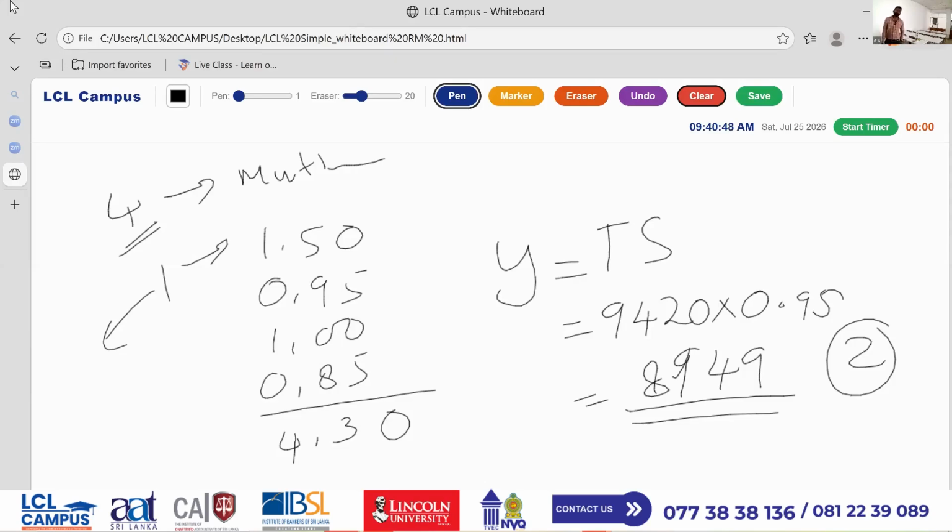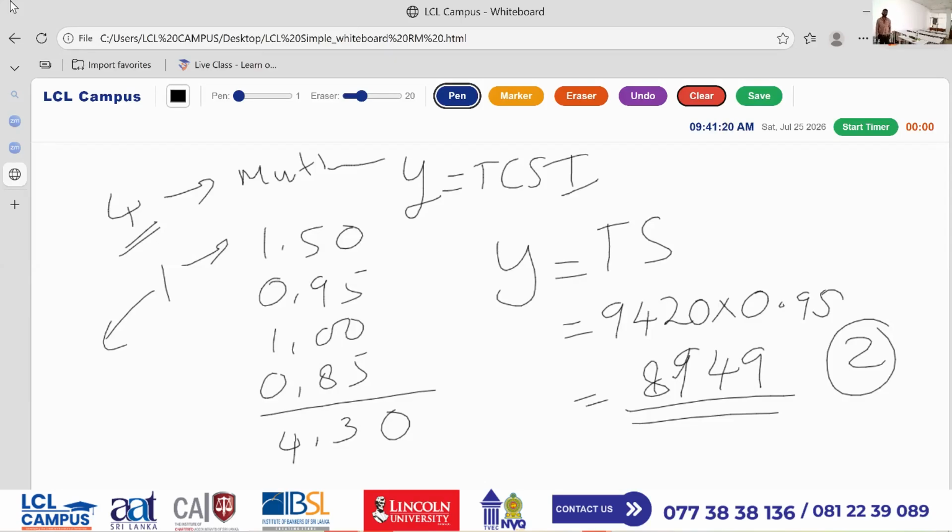We have in the time series two types of models: the multiplicative model and the additive model. Under the multiplicative model, y equals TCSI. Let me explain these.